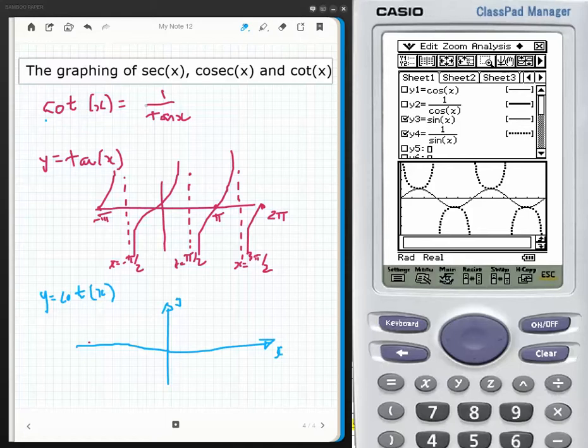So I'm going to end up having 1 divided by the y value. So at x equals 0, tan of 0 is 0. So for cot of 0, I'm going to have an asymptote, 1 divided by 0. At pi, I'll also have another asymptote. At 2 pi, I'll have another asymptote, because the tan of 2 pi is 0. I'll have an asymptote at minus pi also.